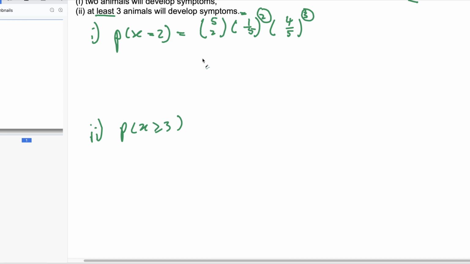Okay, so now let's punch this on a calculator. So this is 5 combination 2, and then it is times that 1/5, which is 0.2, 0.2 to the power of 2, and then it's 4/5, which is 0.8.